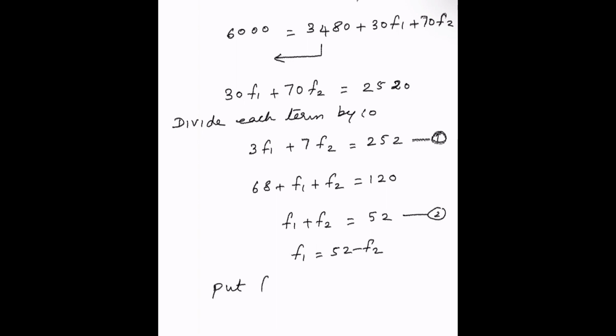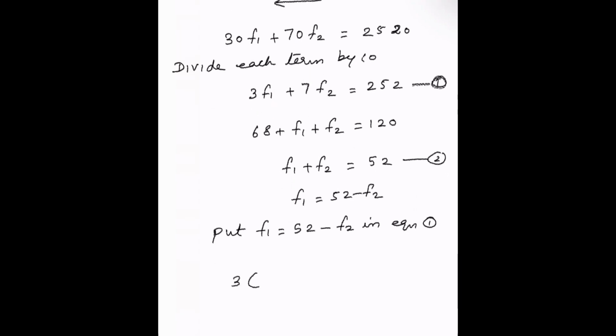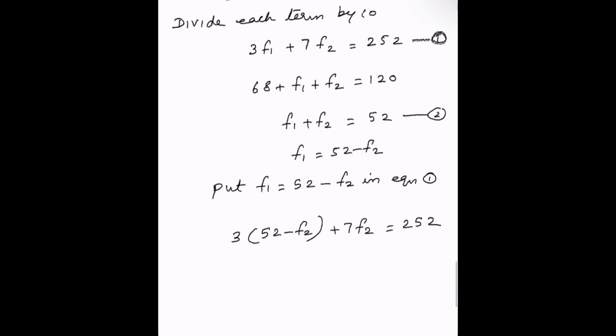Now put f1 equal to 52 minus f2 in equation 1. What do I get then? 3 times 52 minus f2 plus 7f2 equal to 252. This gives me 3 into 52 is 156 minus 3f2 plus 7f2 equal to 252.